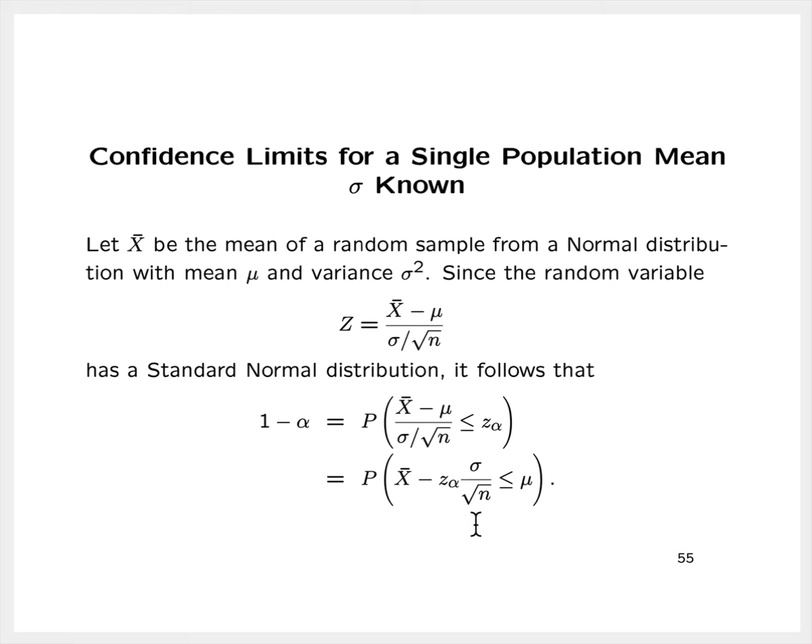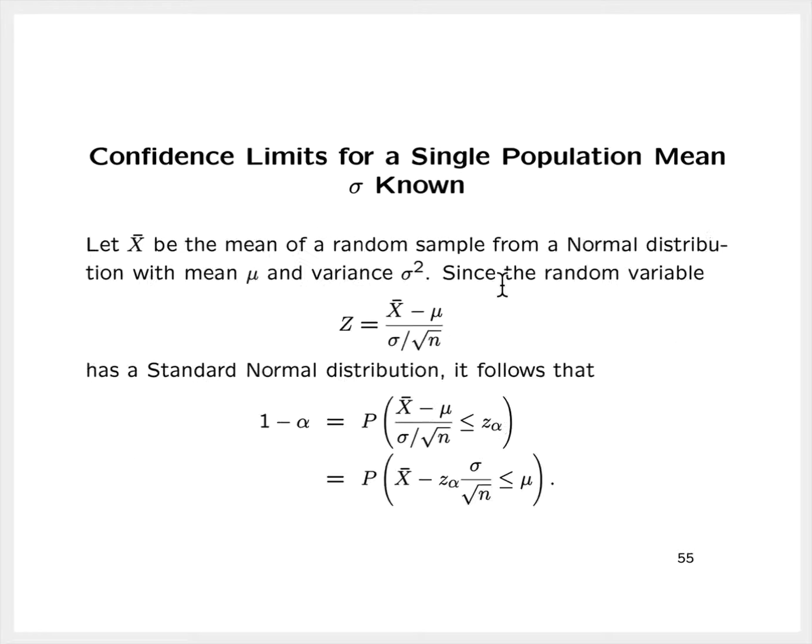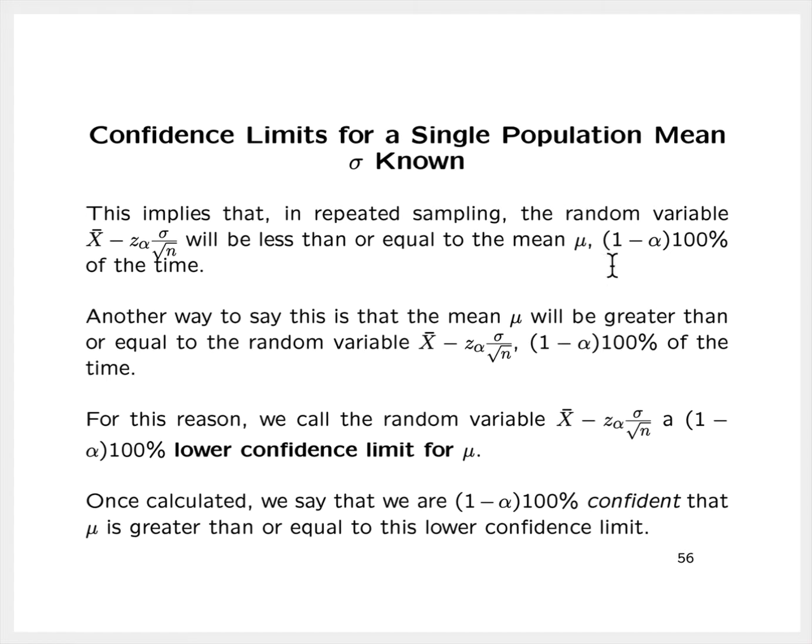And so when we think of it that way, the probability takes on the relative frequency definition of probability. When thought of in that way, the percentage of times in that sequence of trials where the population mean is greater than or equal to the resulting random variable is 1 minus alpha times 100%.